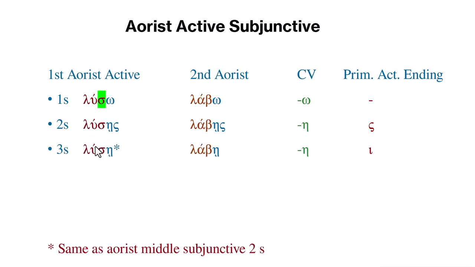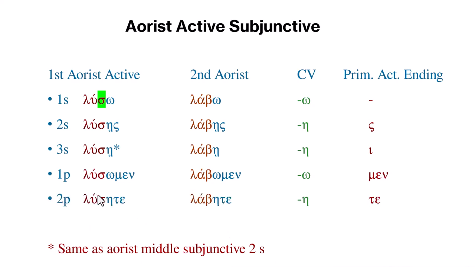Notice that luse, the aorist active third singular, is going to have an overlap with the middle second singular, just as we saw with the presents. So we have this overlap occasionally. Context will tell us what the actual form needs to be. And then we have the plural forms with the same tense formative. So lusomen, luseite, lusosin.